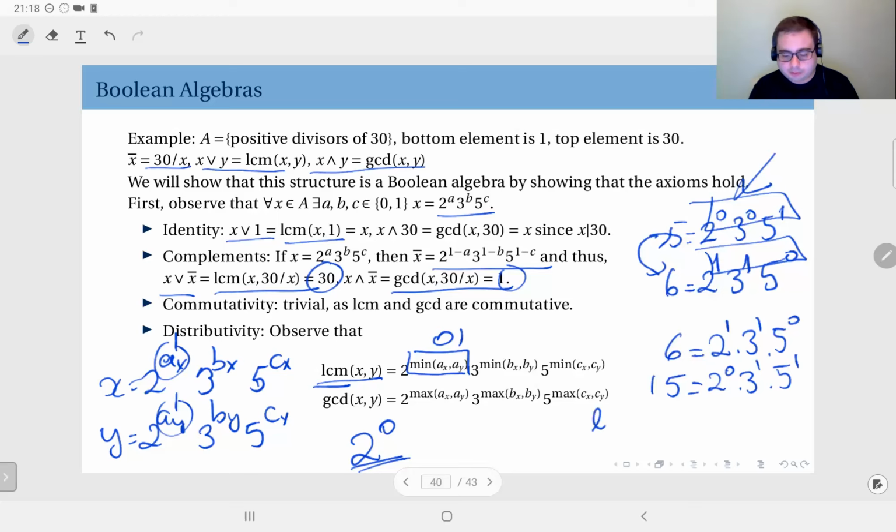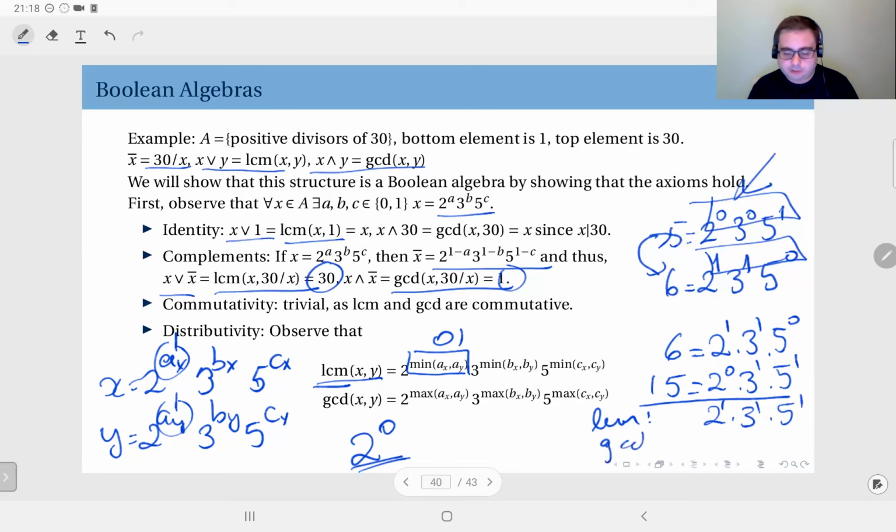Now the least common multiple, I will include the elements that will give me the least common multiple from 2, 3, and 5. This should be 2 to the power 1, 3 to the power 1, and 5 to the power 1.